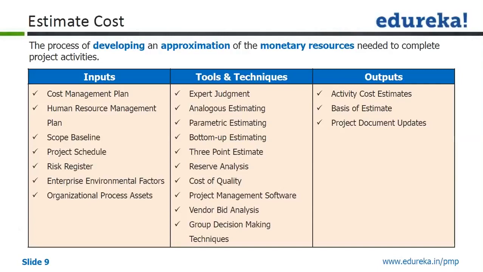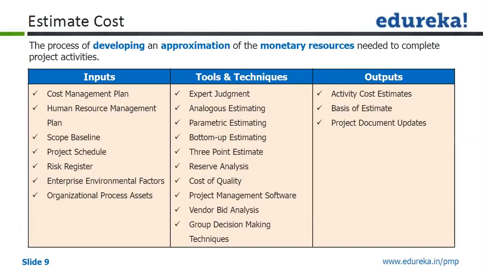So these are the four activities. For each, for example the design activity, what will be the cost? That cost will be updated in the project document updates as an activity attribute. So every cost related to an activity, that's what we'll do.